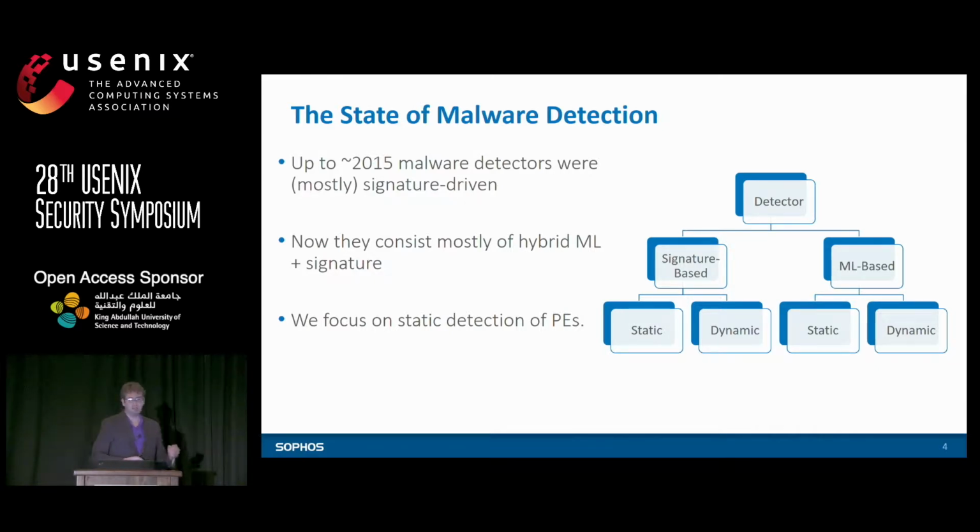So most of the detectors now are a hybrid of ML and signature approaches. And these can use either static or dynamic features. For this talk, we're focused on detection of static portable executables, but the technique that I'm about to outline could apply to a lot of different malware types.